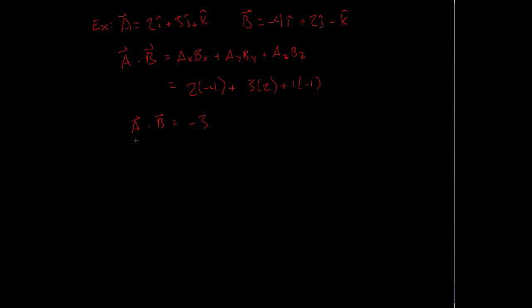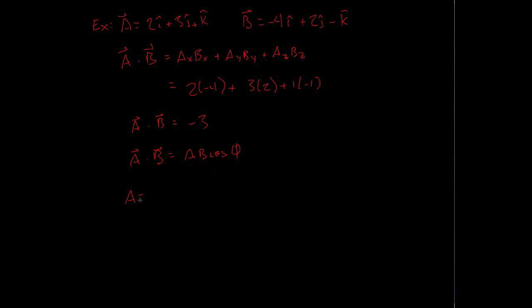Now if we remember also, our dot product also equaled AB cosine of phi, or the angle between the two vectors. Well, what's the magnitude of A and what's the magnitude of B?